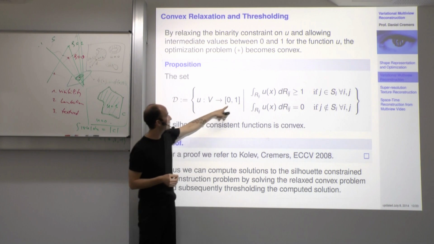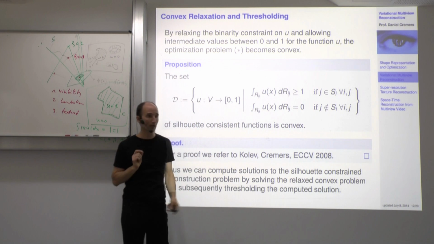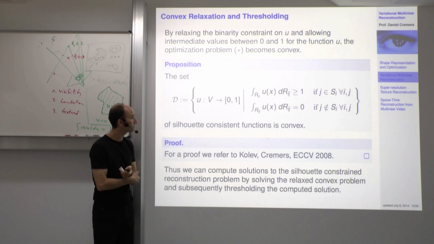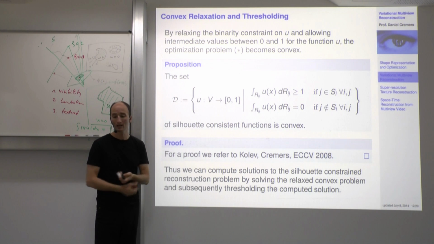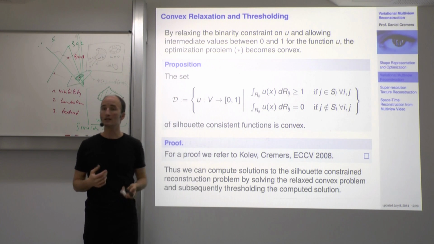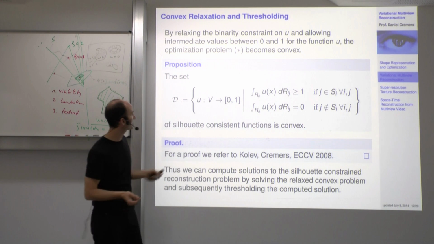This is called relaxation if you drop a constraint. The constraint, namely, that you should have binary values. This is in optimization generally a hard constraint for many problems. It makes it a difficult combinatorial problem. And here it's relaxed, meaning we drop that hard constraint. Combinatorial, why combinatorial?